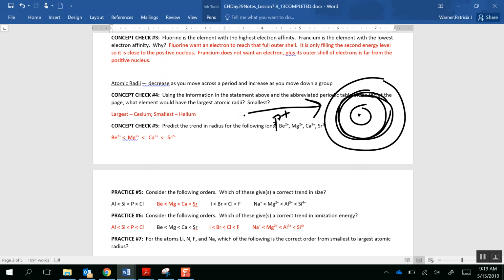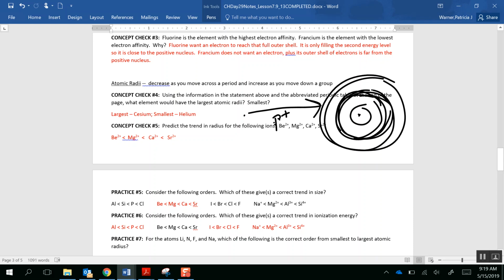In terms of ions, the same kind of thing. You're talking about how far away the electrons are from the nucleus and how much it pulls them in. So strontium, because it has the most protons, is actually, all of these are in the same column. So beryllium, because it has the least number of protons, is going to be the smallest, because you're talking about layers here.